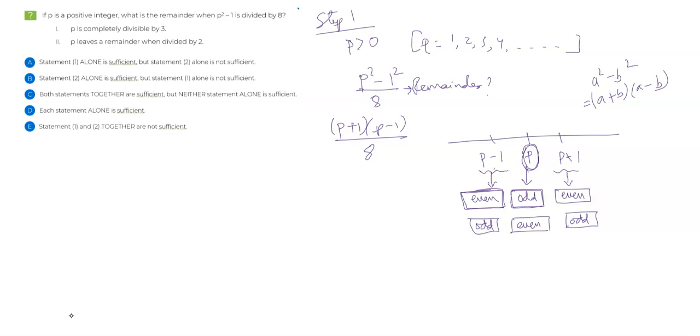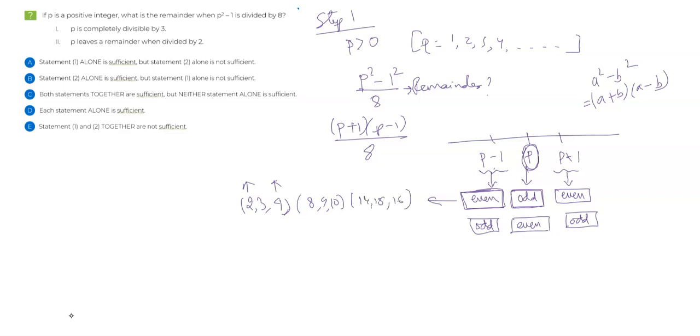And let's take a few examples to understand this. Let's take this case, 2, 3, 4. So this is p minus 1 and this is p plus 1. 4 into 2, 8, right? So this is divisible by 8, so the remainder is 0. Then take another case, 8, 9, 10. Obviously this is also divisible. Let's take 14, 15, 16.